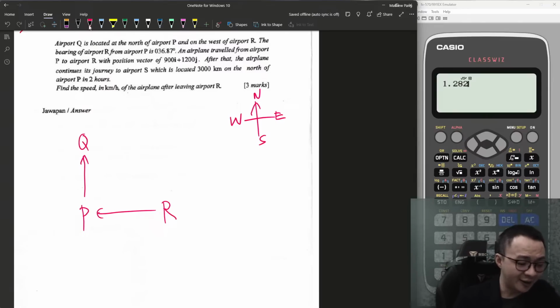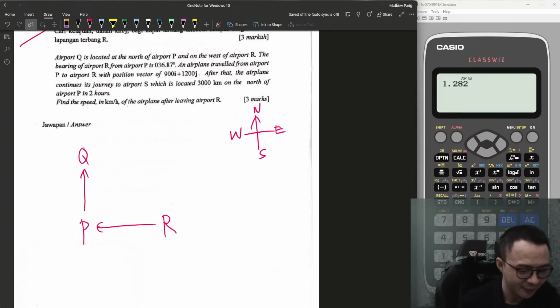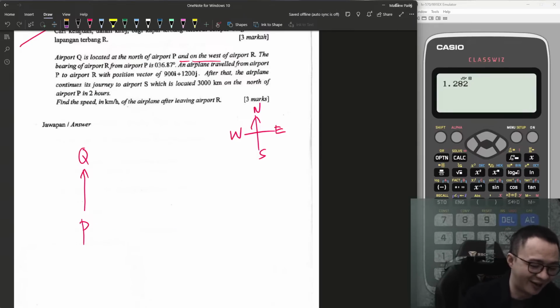And then the bearing of R from P. The Q is located north of the P. Oh, and this N is for the Q. Sorry. My R should be higher, because this N is continuous. Airport Q is on the west of R. Okay.